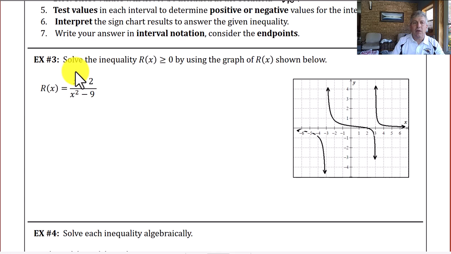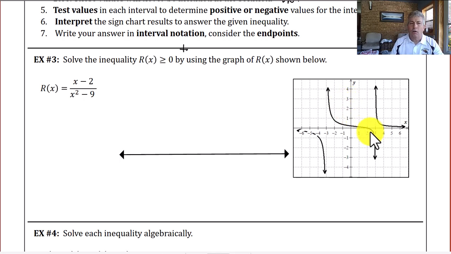So in example 3, we're asked to solve the inequality r of x greater than or equal to 0. So we're going to want to find the positive values, including 0. And we'll use the graph shown below. So we know from both the graph and from our rational function, we have an x value equal to 2.